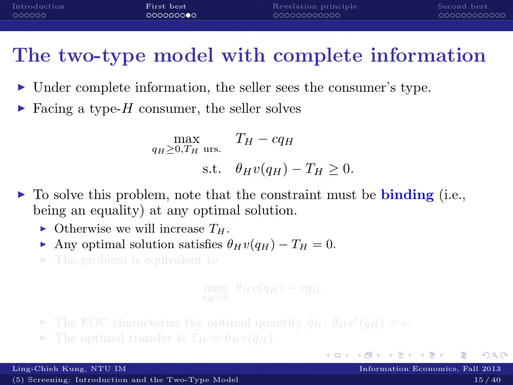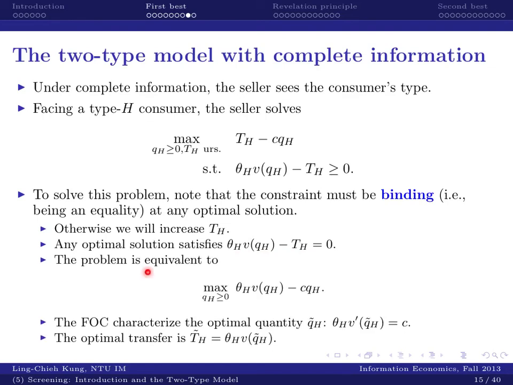So if I can still do that, I will keep increasing the price until this becomes an equality. If I'm sure the consumer's type is theta H, I can always increase TH until this is an equality. If this is not, I will keep increasing TH. And that's why an optimal solution satisfies this equality.